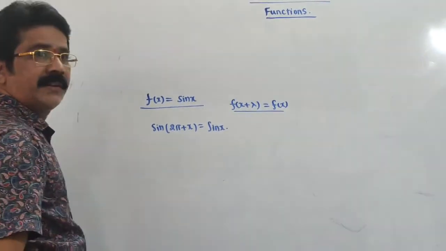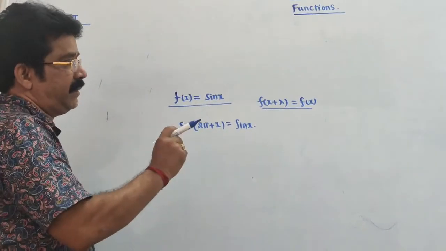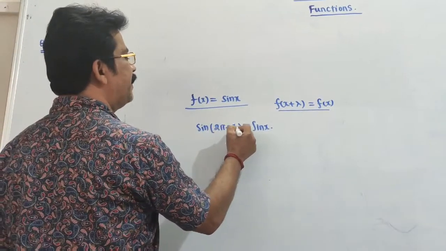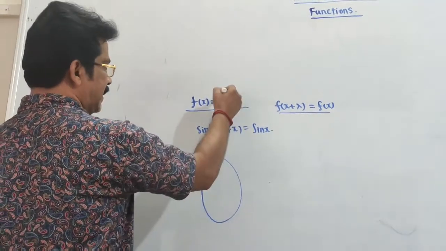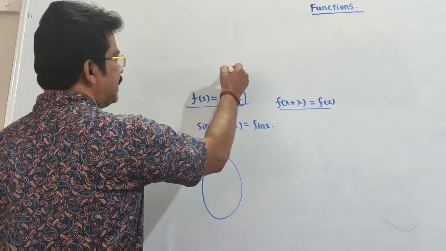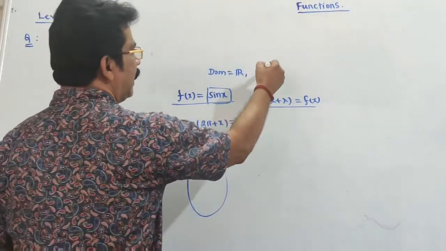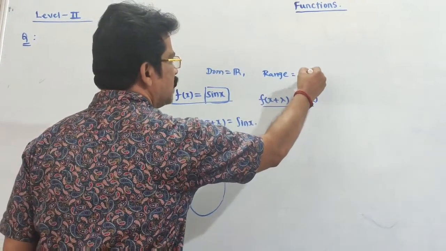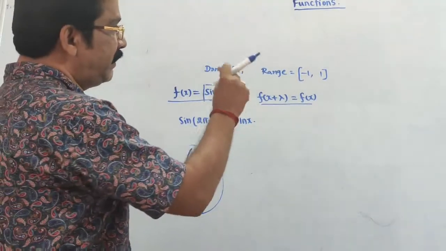Then f of x is said to be a periodic function, and the least number lambda is called its period. Here for sin x, the domain is the real number set, and the range is the closed interval of -1 to +1.